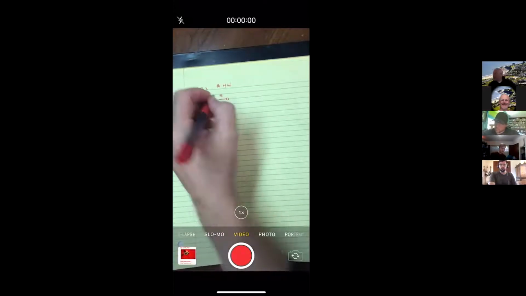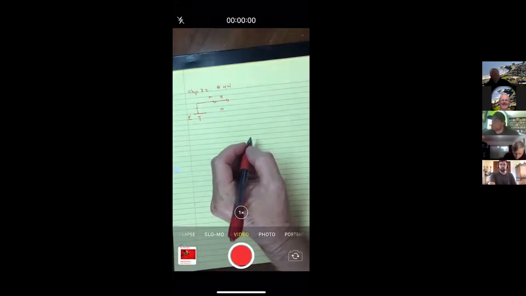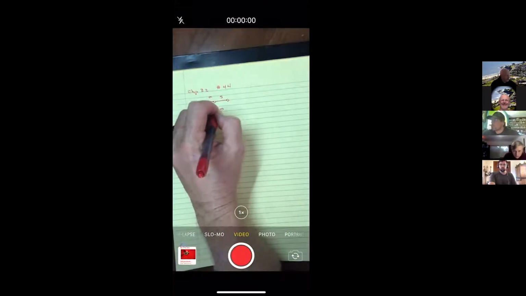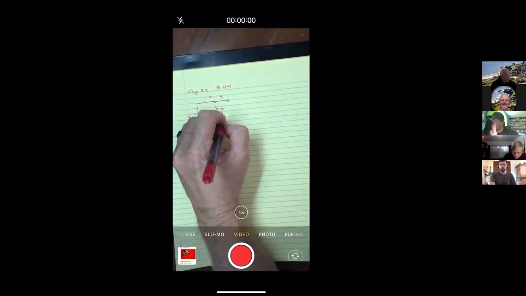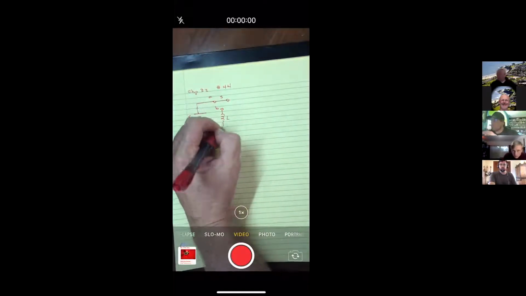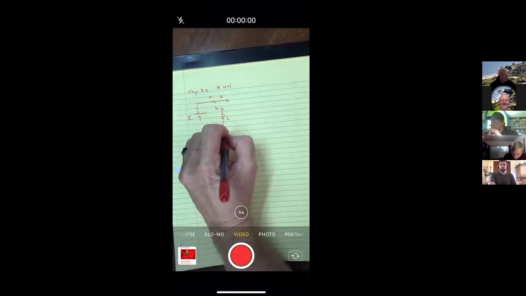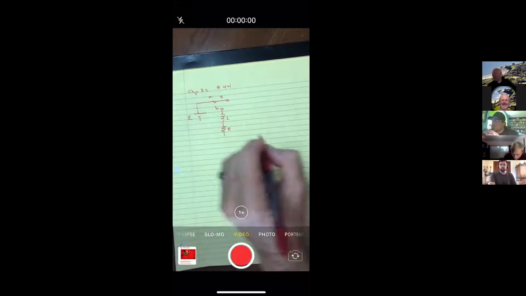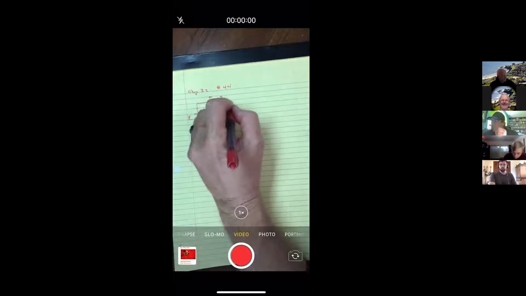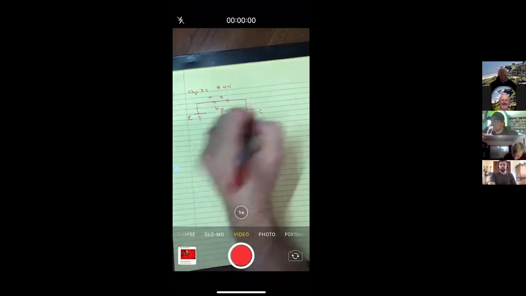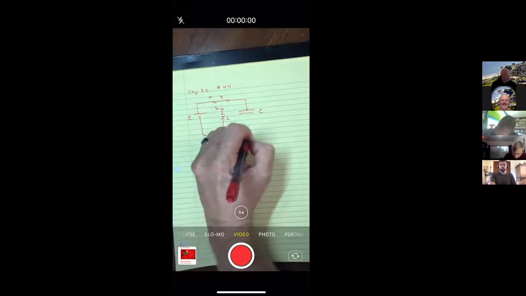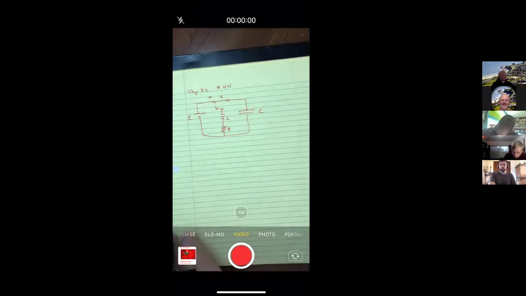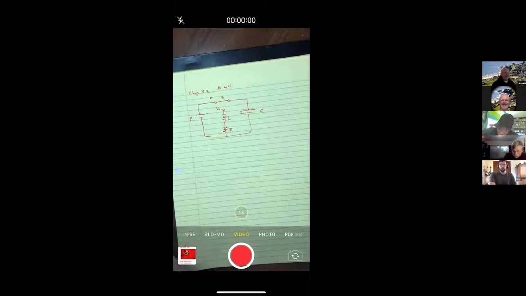The switch is in A, with the potential of moving over to B. B has the inductor and the resistor in it. The other branch has the capacitor in it. Okay, so there's our active circuit.